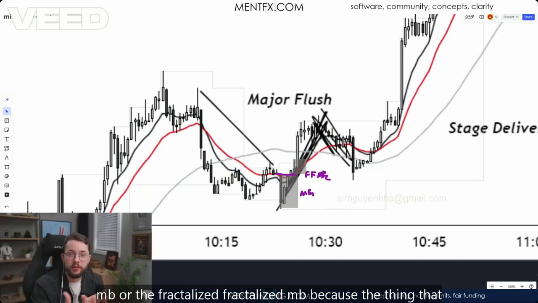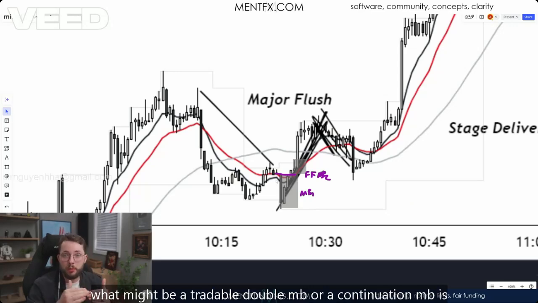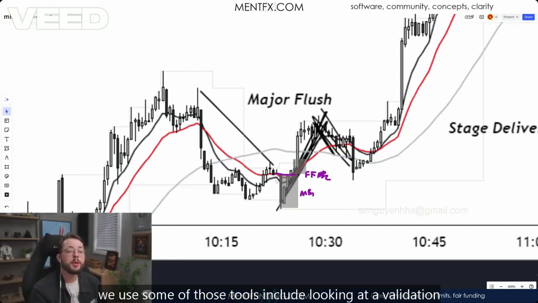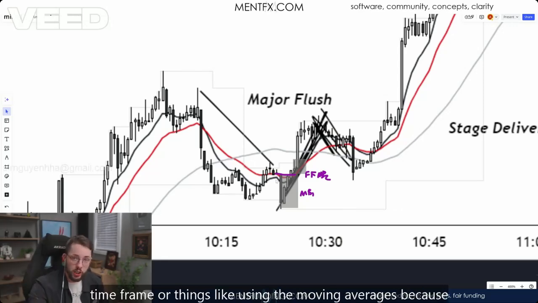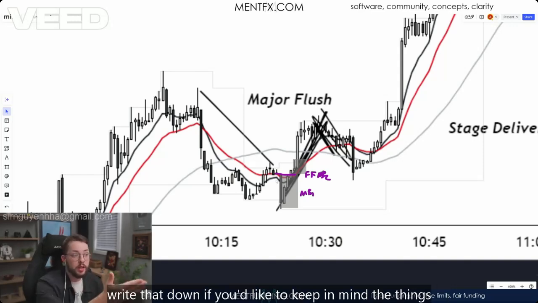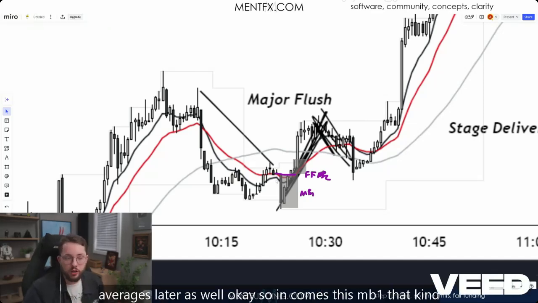Because what really leads us to deciding what might be a tradable MB or a tradable double MB or a continuation MB is largely going to depend on other factors and the tools we use. Some of those tools include looking at a validation time frame or using the moving averages, because they create a map, a basis around price. So remember that, write that down if you'd like to. Keep in mind the things that I show you and analyze with you, and we'll cover averages later as well.